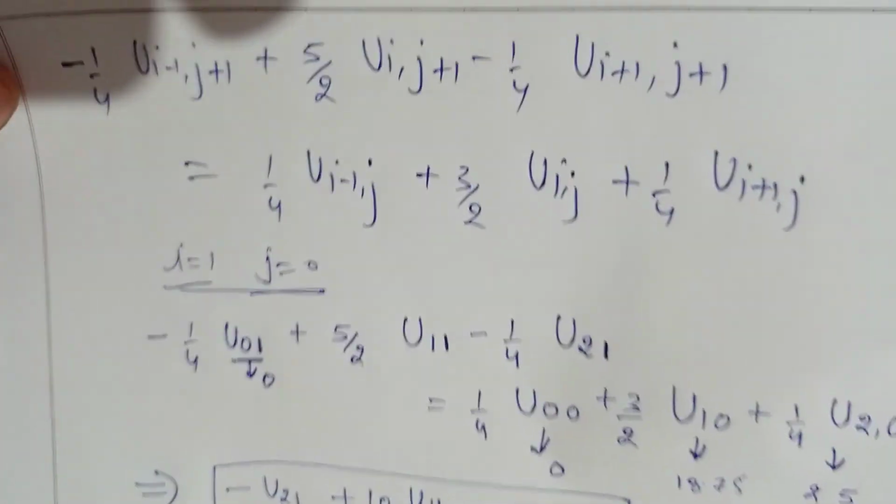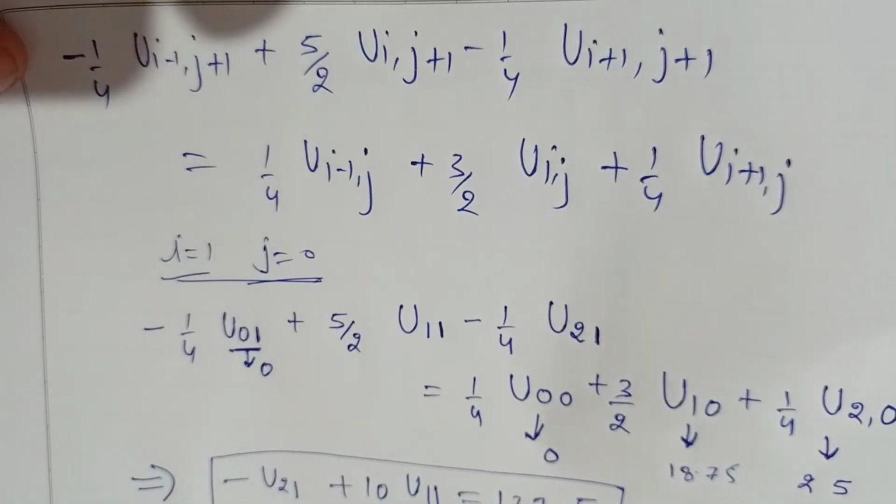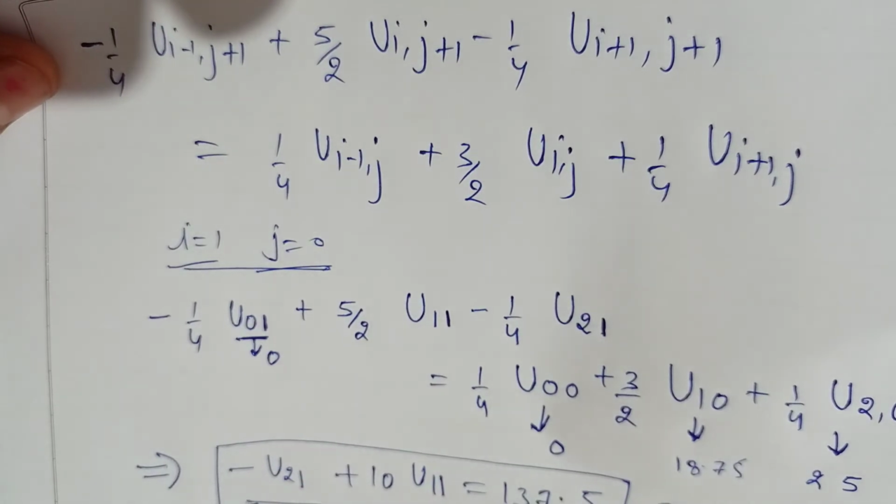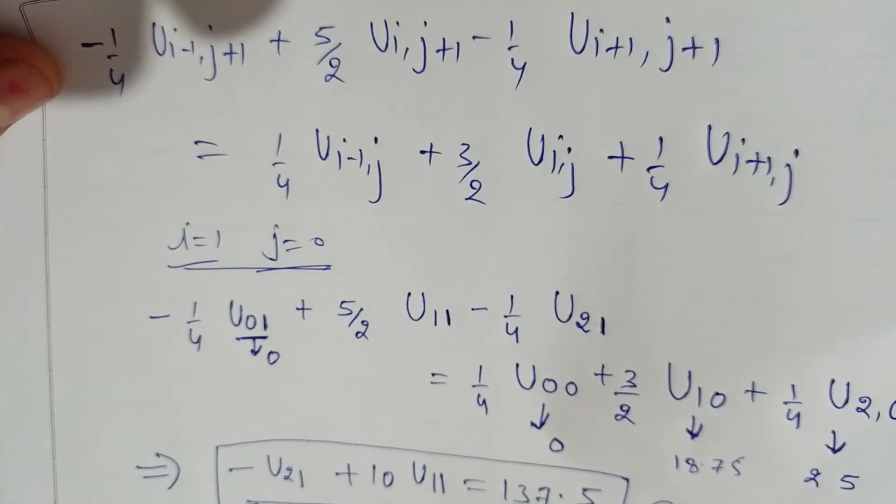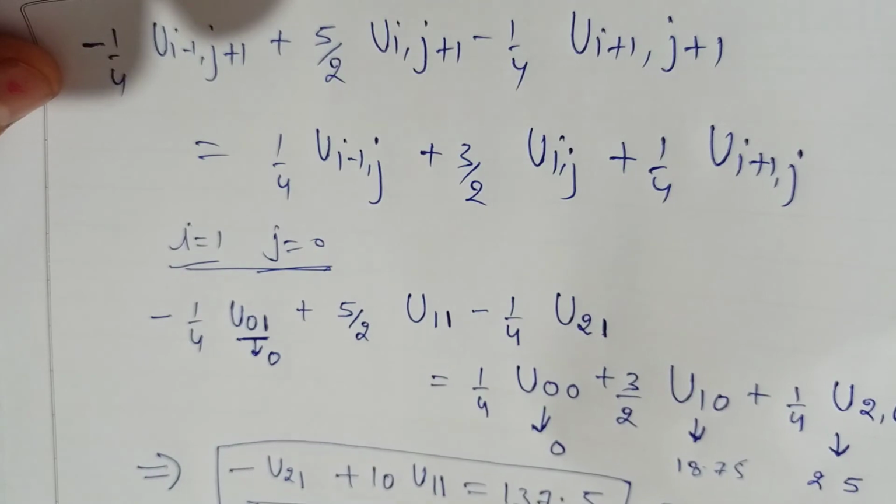To find the second equation, with the same formula, we put i equal to 2 and j equal to 0.